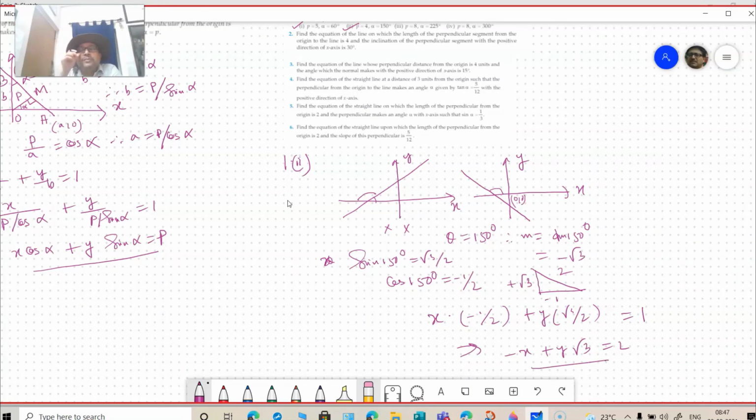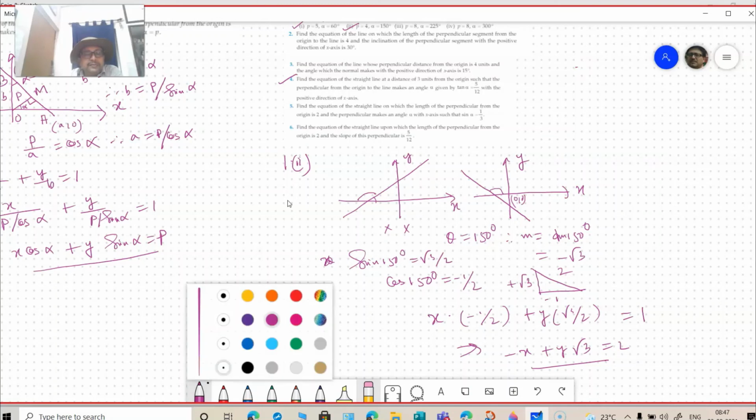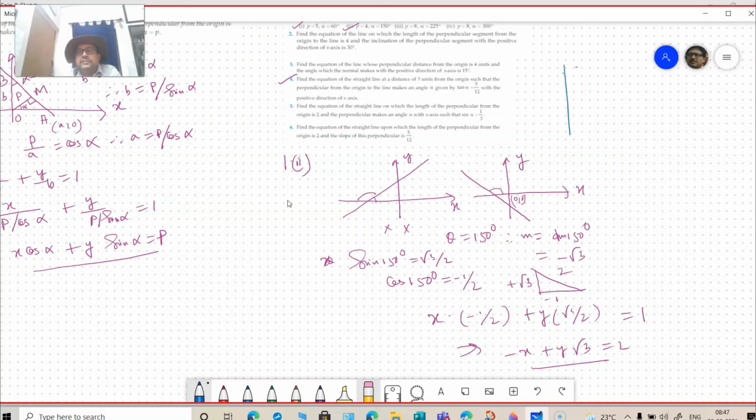Now, how to solve this question where it is given the equation of straight line at a distance 3 units from origin such that, just read the question. Equation of straight line at a distance 3 units from origin such that the perpendicular from origin makes angle alpha whose tan alpha is given by this.